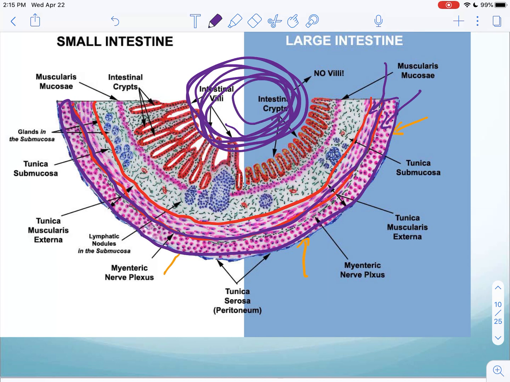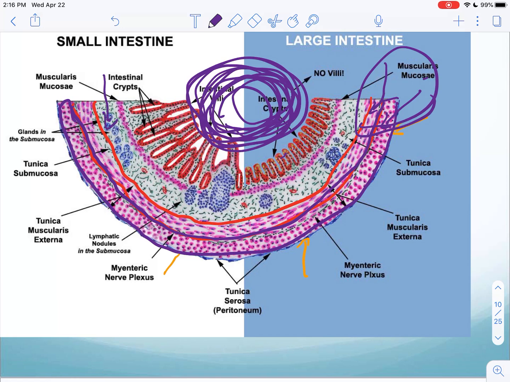It's going to be passing through this tube. So when these layers out here contract, they're going to push on everything inside of them, including the submucosa and the mucosa. And that's going to make the size of this continue to narrow and get smaller and smaller and smaller, and it's going to push the material through the tube.